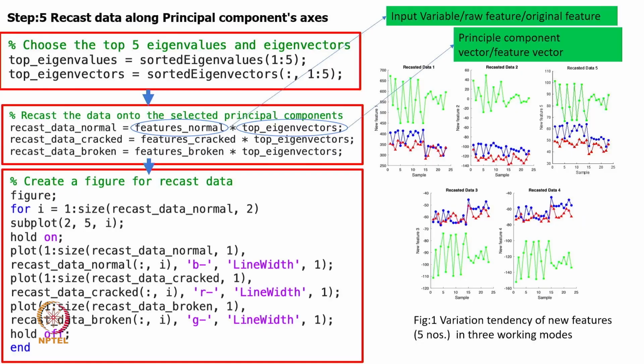When we recast the data and plot again, we can see very clearly, after plotting the first parameter, second feature, third feature, fourth feature and fifth feature, everywhere the clear differentiation between the green line and the other 2 lines. That indicates very clearly that the broken tooth signatures are clear. We are able to diagnose very clearly without any problem.